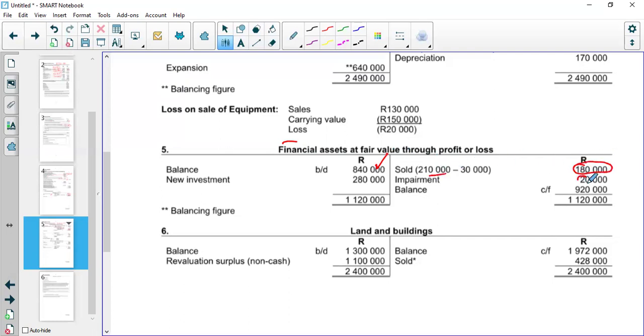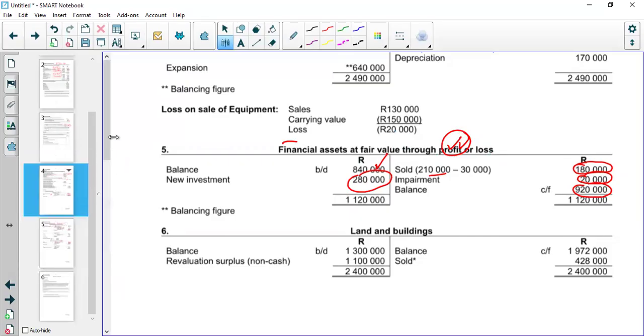Then we removed 20. So we are left with 920. So it means we added 280. This is the same logic that you can also do using the general ledger.